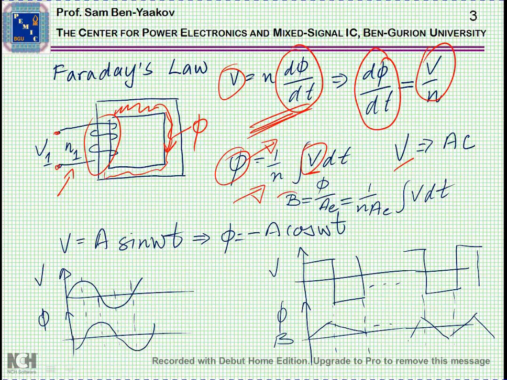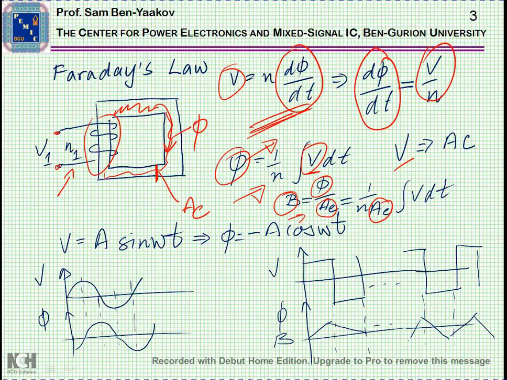B is the flux density, and is related to phi, to the flux, by this equation: flux over cross-section area of the core. Cross-section area of the core is here. This is cross-section area, which is a similar relationship, except that, of course, it is divided by A.